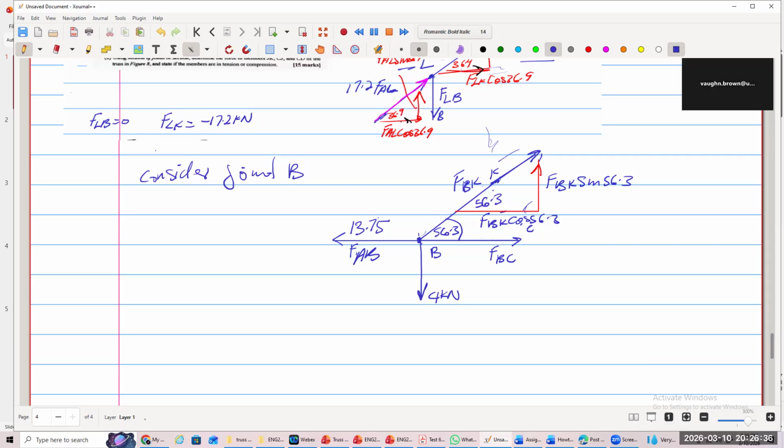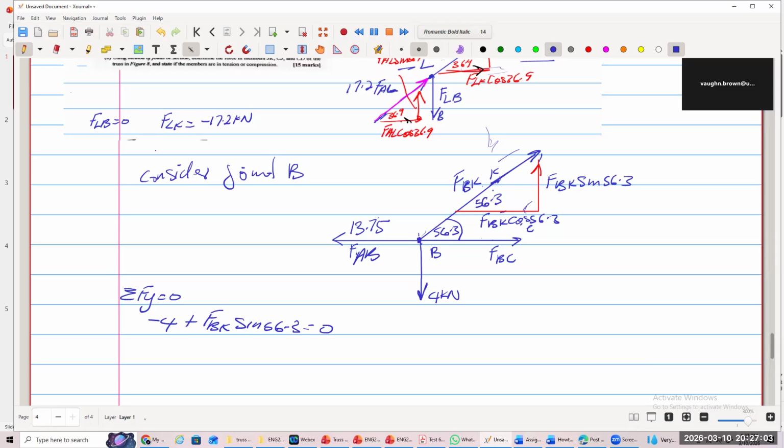Sum of all forces in y equals 0, so we have -4 plus F_BK sine 56.3 equals 0.